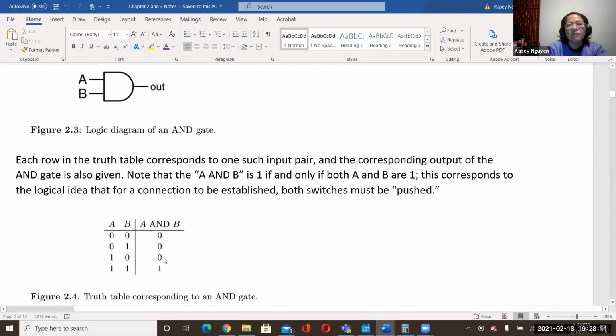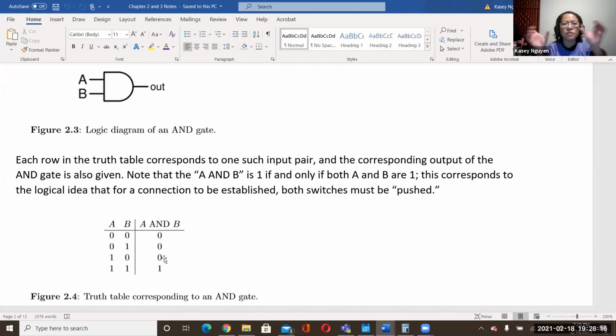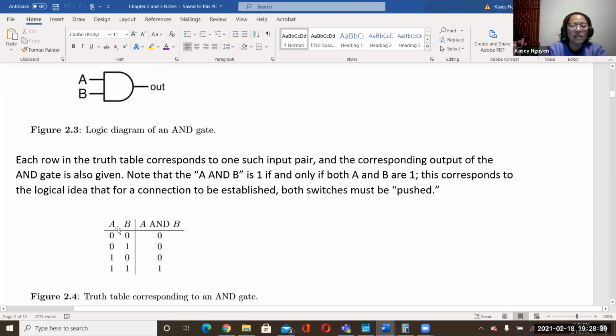Think about it: when you're doing an if, this and this, both sides of the conditions need to be true in order for that if to kick in. Anytime it's 0, anytime it's false, it's going to be false. So anytime you have a 0 in the AND, you get a 0 as the output. 1 and 1 is 1.